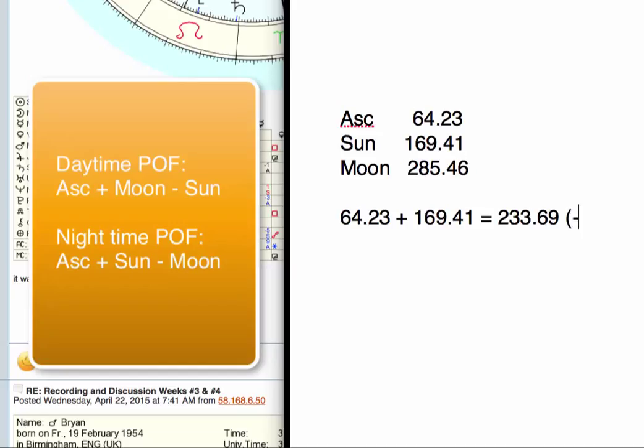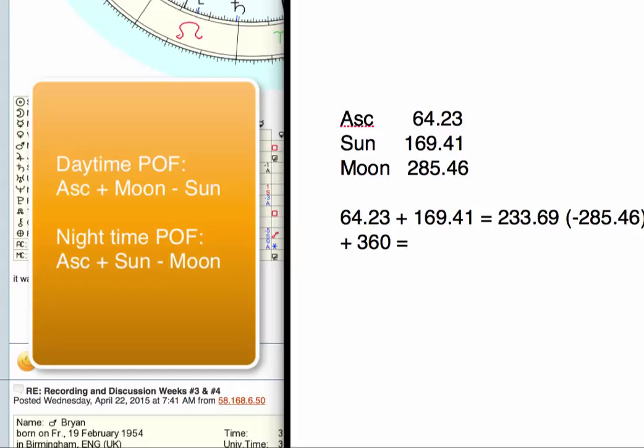We're going to end up in minus land because 285 is going to be tricky to take away from 233. Of course, it can be done, but what we're going to do to make it super easy is we're going to first add an entire zodiac, 360 degrees, an entire circle, to our 233.69.